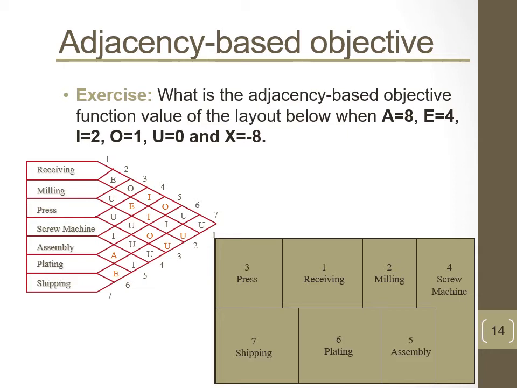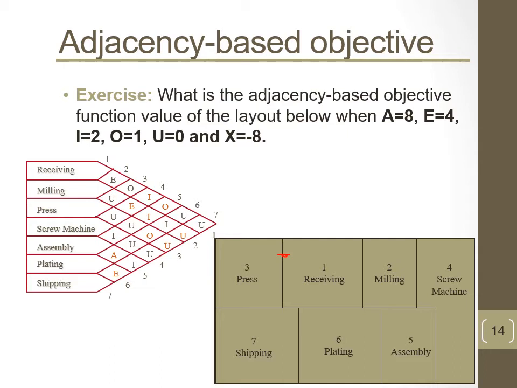Okay. So how do we calculate the adjacency-based scoring? First, we need to identify which departments are adjacent with each other. When we look at this layout, we see that department 3 is adjacent with department 1 because they share a common side, a common border. So we go and find their relationship.